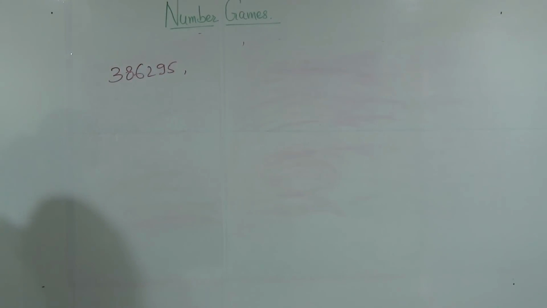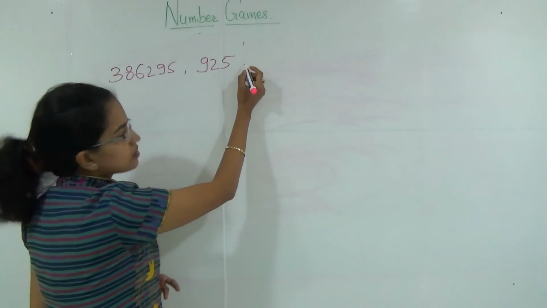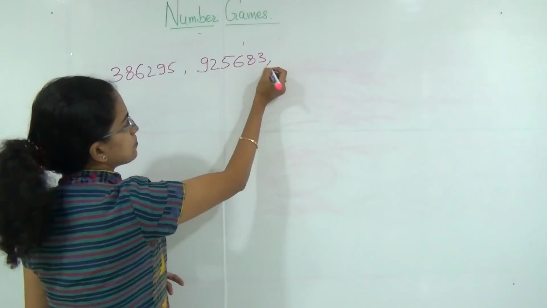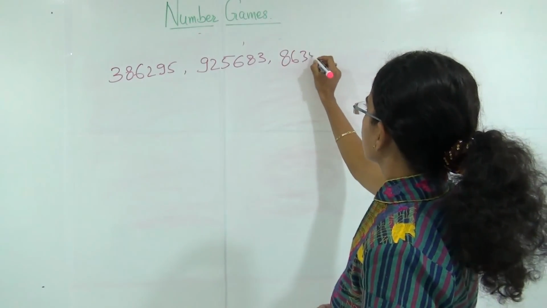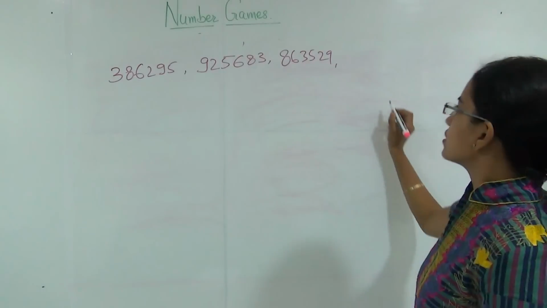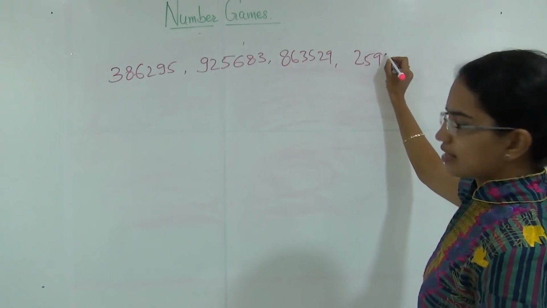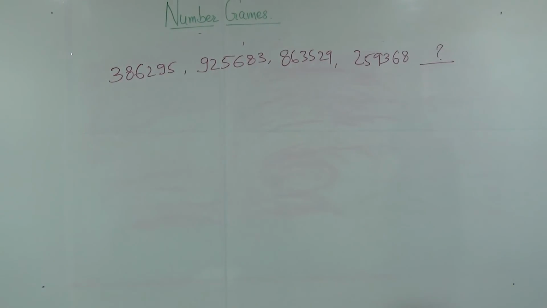Then I have the next number, that is 925683. Then the next is 863529. The next is 259368. And what would be the final number here?